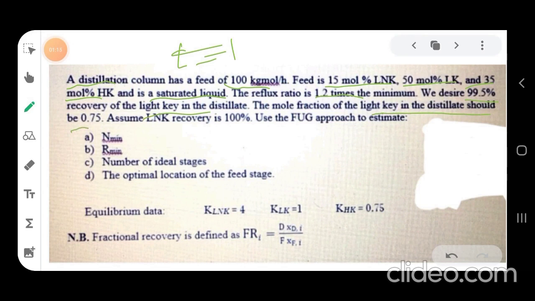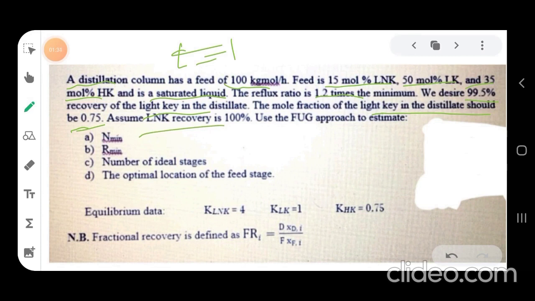So the first one gives me fractional recovery, and the second one gives me the composition in the distillate of the light key, which is 0.75. Assume that the light non-key is 100% recovered, of course, in the distillate as it is light non-key.